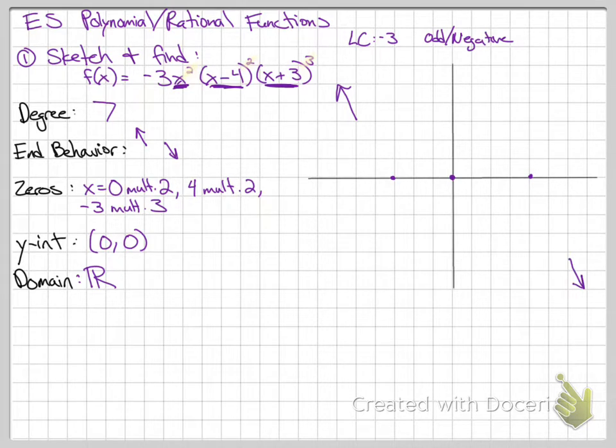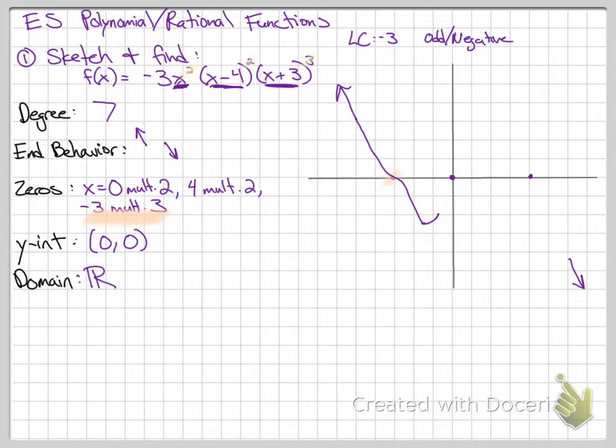Then remember as you go through this, they're not necessarily in the same order they're written on your paper. So this first 0 from the left is at -3. That's this one. It has a multiplicity of 3, so I need to make it look like a cubic, as best you can. Cubics are hard to draw. Turn it around somewhere. We don't know how low it goes.